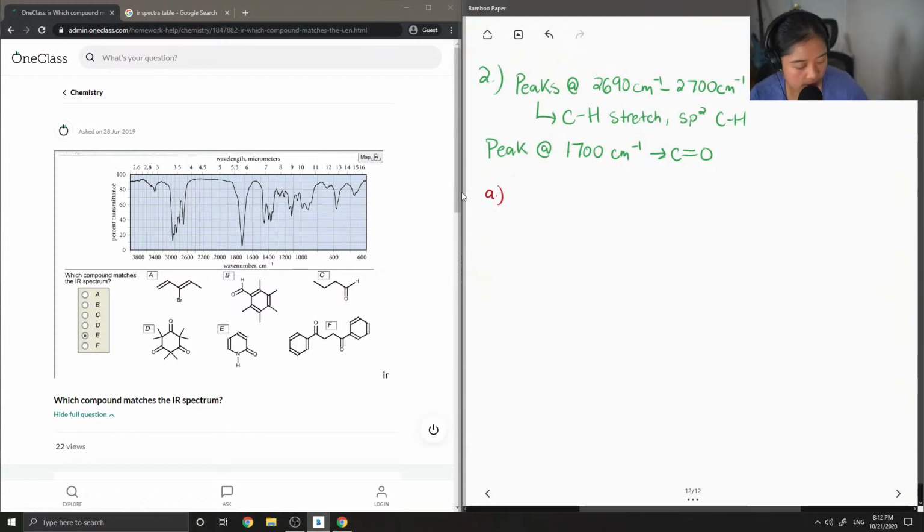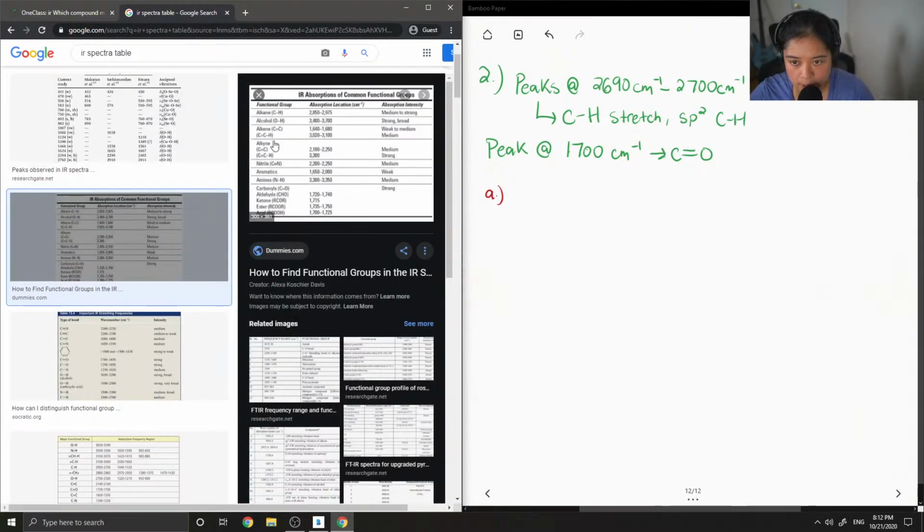So let's look at A. There are 2 double bonds. So if we look at the absorptions you expect to see for alkenes, you'll see it's in around the 1,600 range and also the 3,000 range.